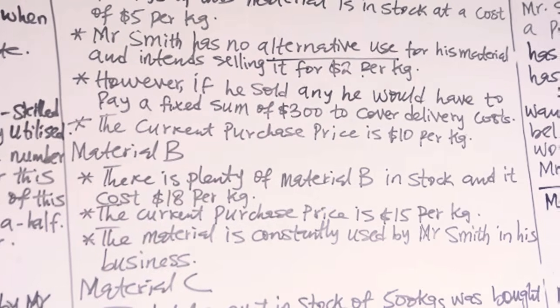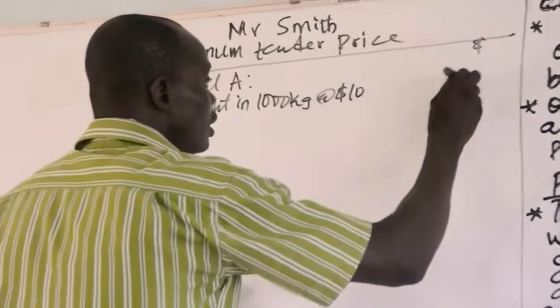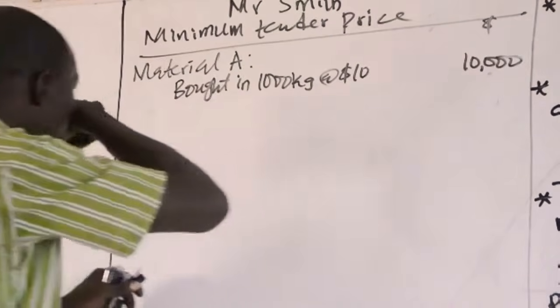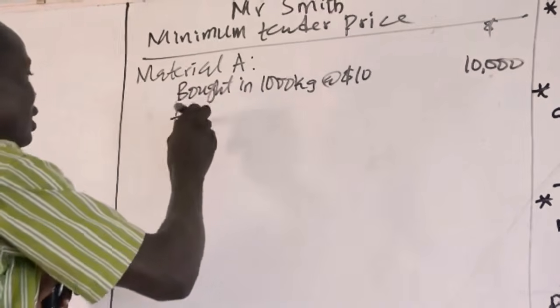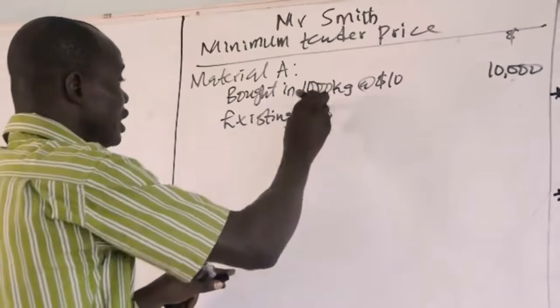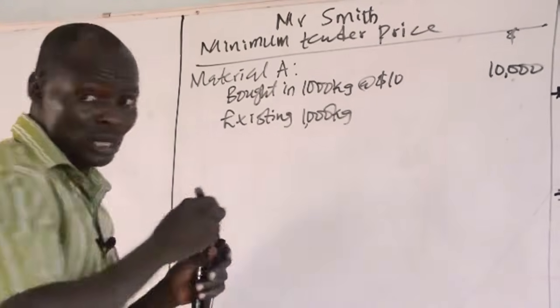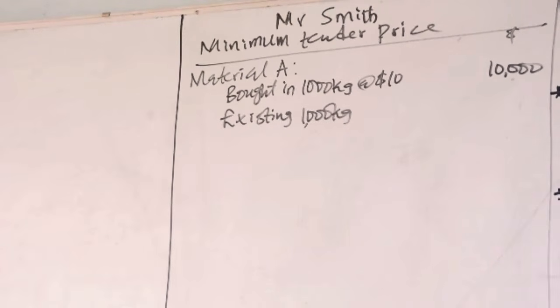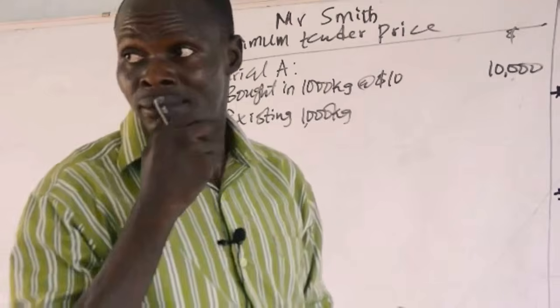So that $10 will be used for the 1,000 kg that will have to be bought in, and that will give us $10,000. The existing material A is 1,000 kg already in stock.